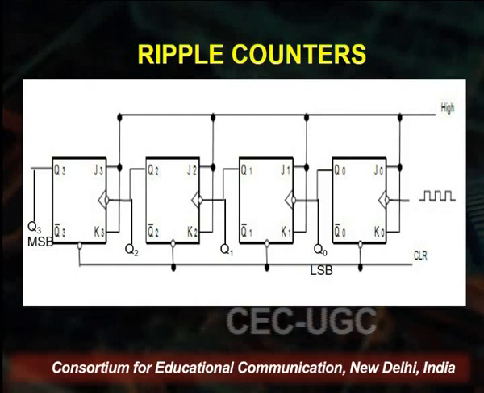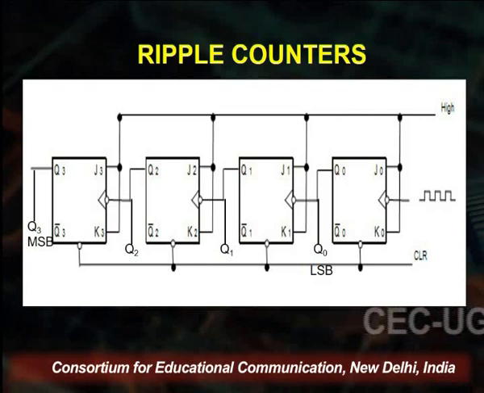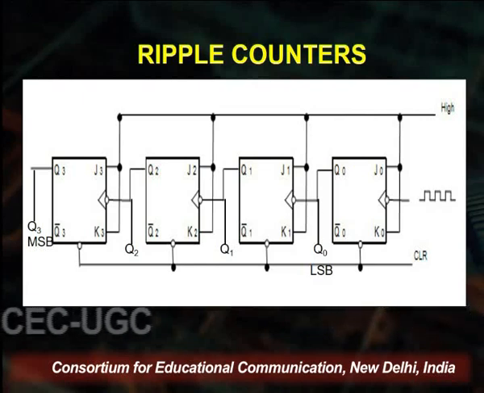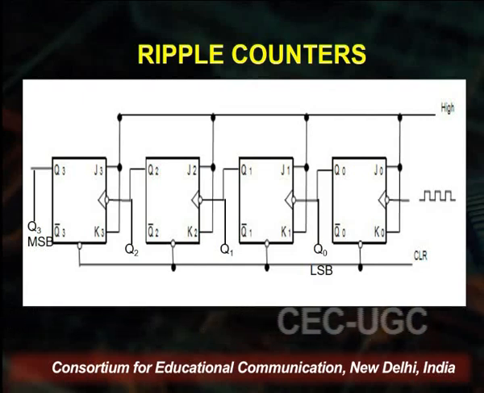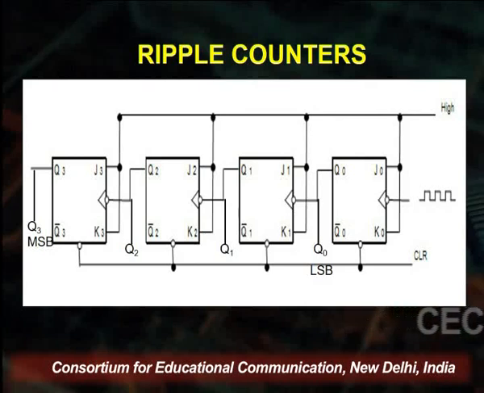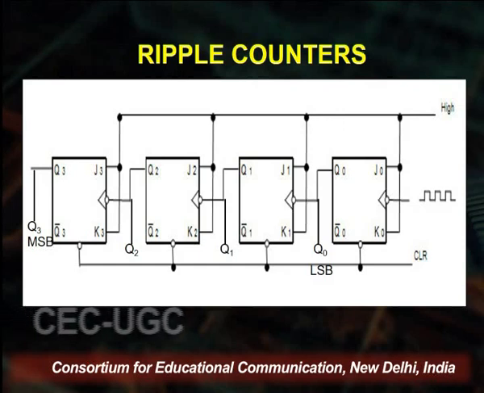We also have input wherein both J and K inputs are at the same value. That is, they would either be in the form of 0 0 or their inputs would be at 1 1. We know from the truth table of JK flip-flop that when J and K both are equal to 0, then last state is retained.